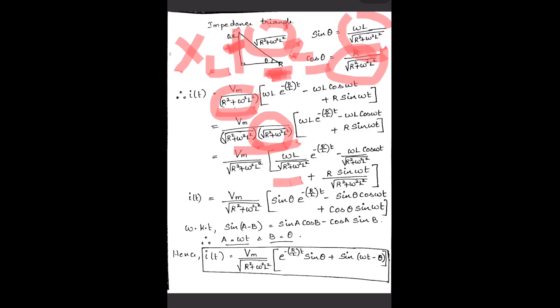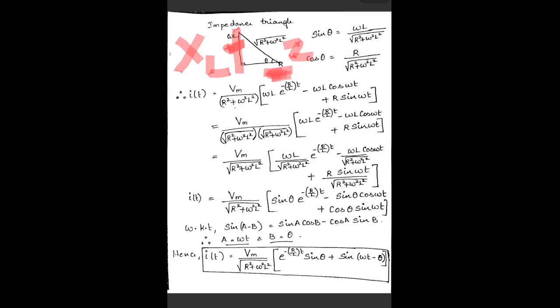Now what is omega L divided by root of r squared plus omega squared L squared? It is nothing but the relationship of the sin theta. So this term is written as sin theta. And what is r divided by root of r squared plus omega squared L squared? It is written as cos theta. So this term is written as cos theta.